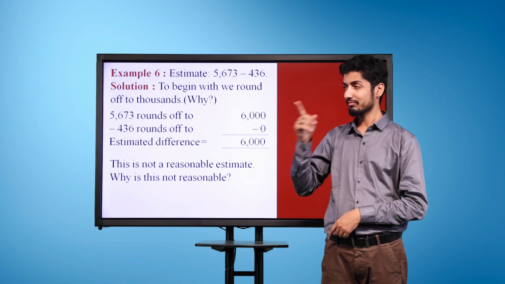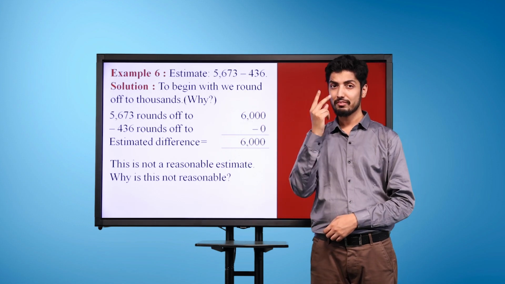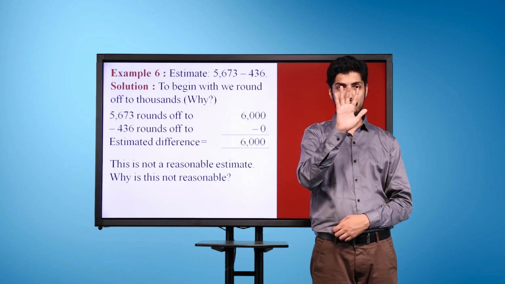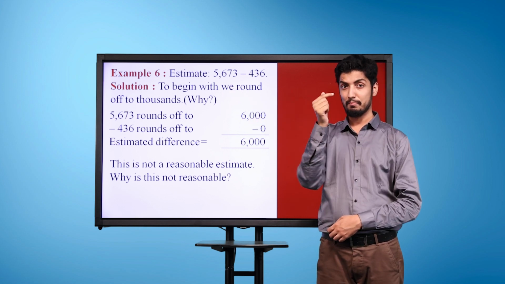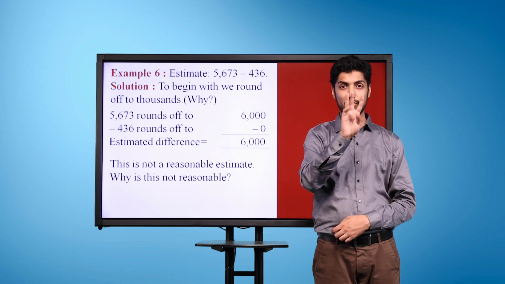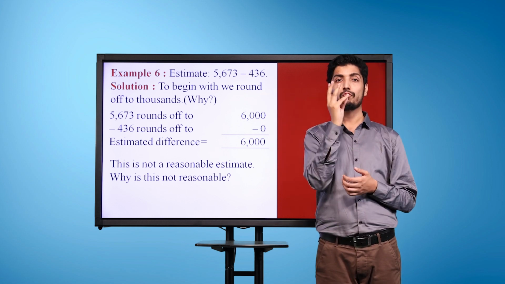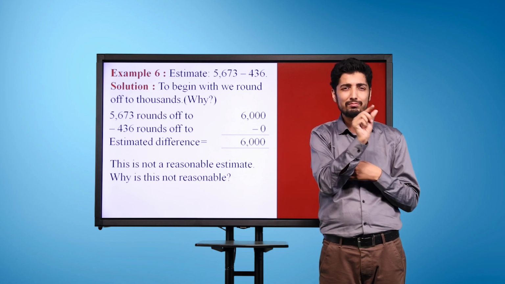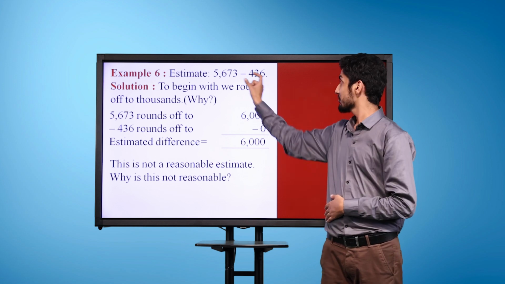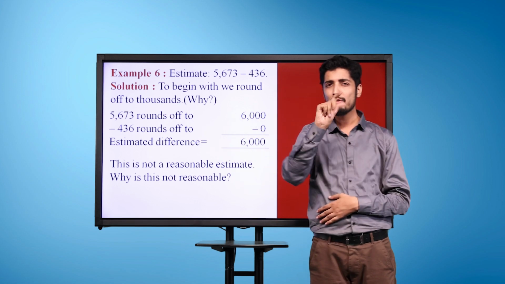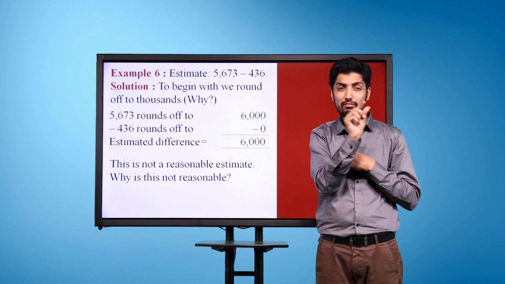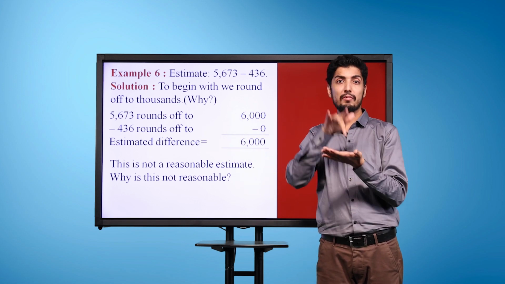Example 6. Estimate 5,673 minus 436. Solution. To begin with, we round off to thousands.